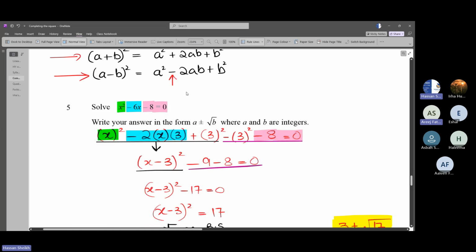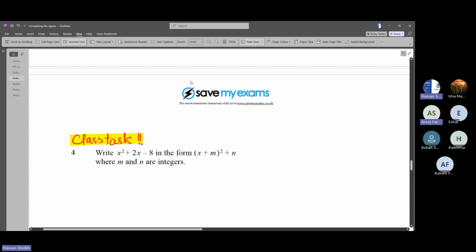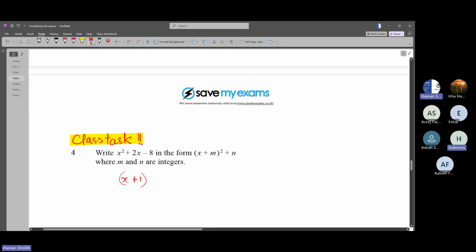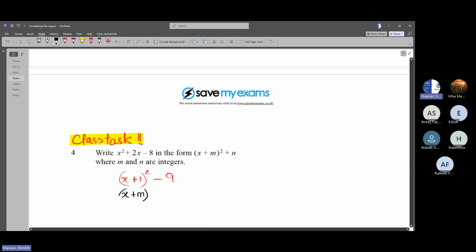But students, does it match the form? Because it says plus n and then we're getting minus. No, it's not like that. Let me tell you. We are getting (x plus 1) whole square minus 9. And they want us to write it in this form (x plus m) whole square plus n.